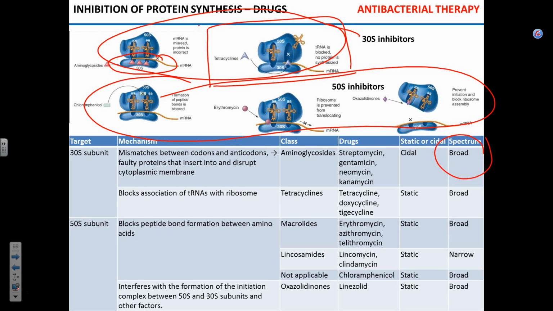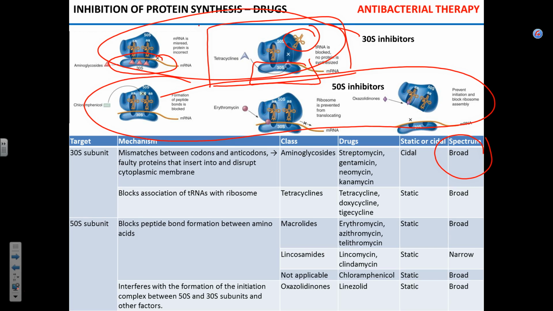All of them can be treated with tetracycline, of course with a slightly different level of success, but tetracyclines are used for pretty much all microbial infections. They prevent tRNA from binding to this 30S subunit, essentially stopping protein synthesis. All right? So tetracyclines and aminoglycosides are broad-range antibiotics that bind to the 30S subunit.